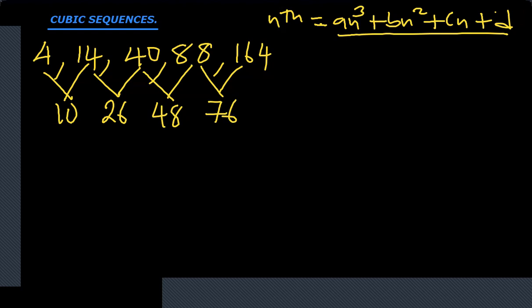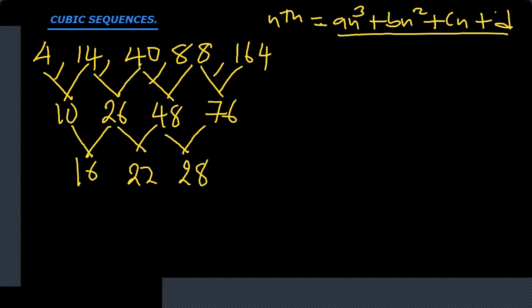Now this is the first difference. Now second difference: 26 minus 10 gives us 16. 48 minus 26 gives us 22. 76 minus 48 gives us 28.